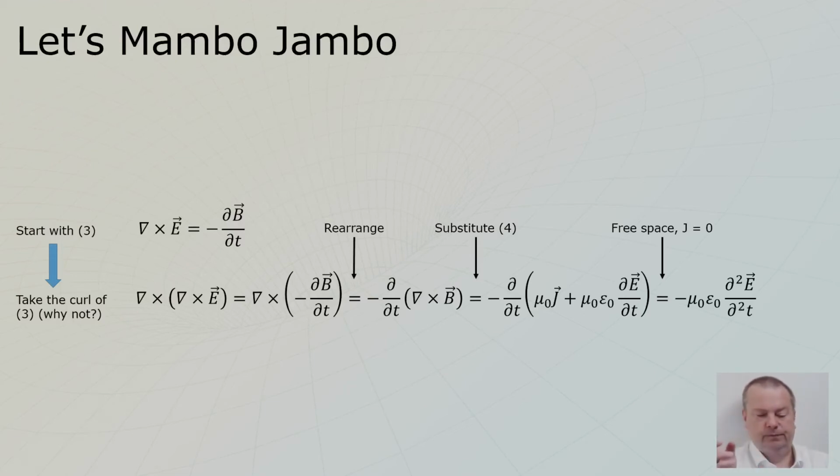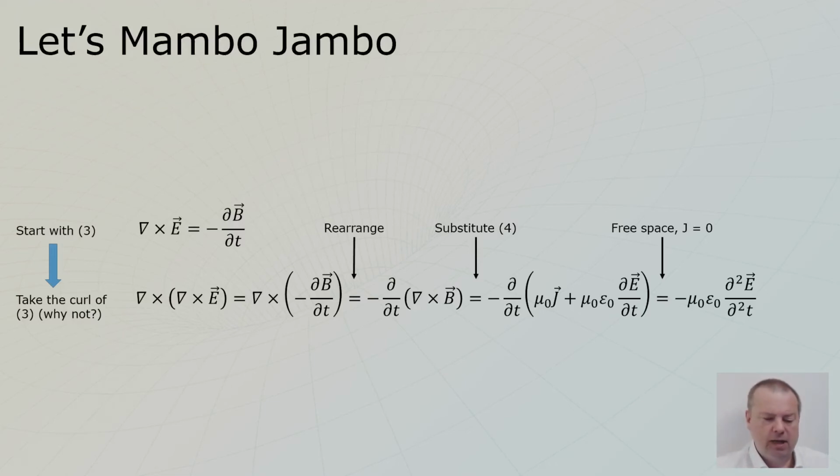Then we rearrange. We can take the partial derivative outside and we can take the curl operator inside the brackets. Then we see the curl of the magnetic field, B. Wait a minute, we had an equation for the curl of the magnetic field. That was equation number 4. Let's put equation number 4 in there.